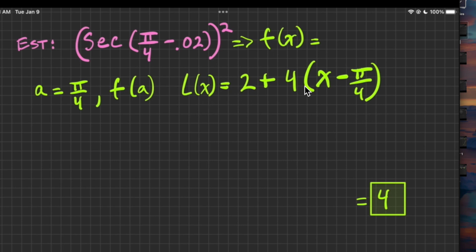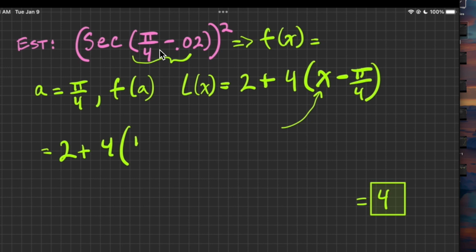We can use that to evaluate any x that they give us as long as it's near pi over 4. Here we go. We're going to take the x value that they want us to evaluate, and we're going to plug that right in there. We are now dealing with a linear function, no more secants.